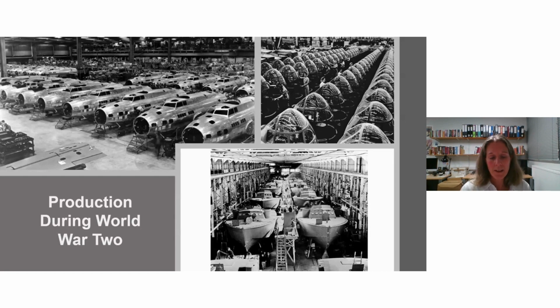The US emerged economically powerful after 1945, in contrast to many Western European nations whose economies had been devastated by the physical and economic destruction of the war. And this allowed the US to offer the Marshall Plan, which was financial aid to European nations to help recovery and rebuilding.